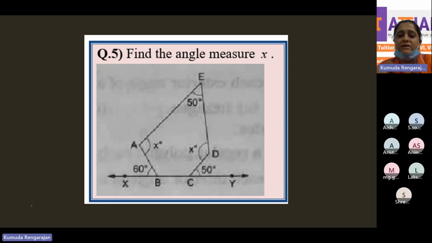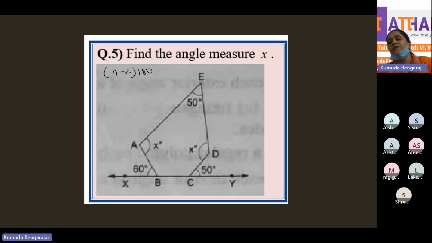Now, in a pentagon, also the sum of all the exterior angles is equal to 360. But the sum of the interior angles is different. That you have to find. It's not 180 or 360. How will you find the sum of all the interior angles of the pentagon? Using the formula n minus 2 into 180.